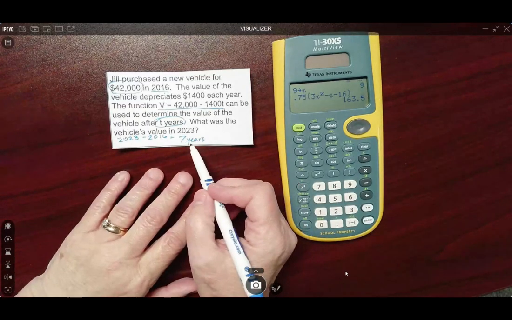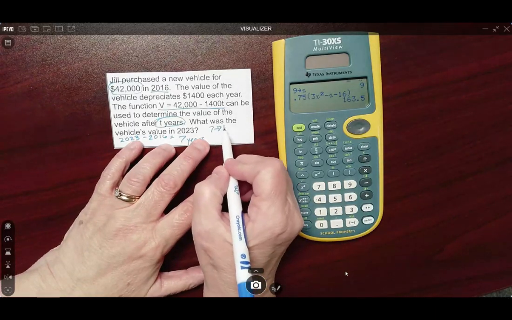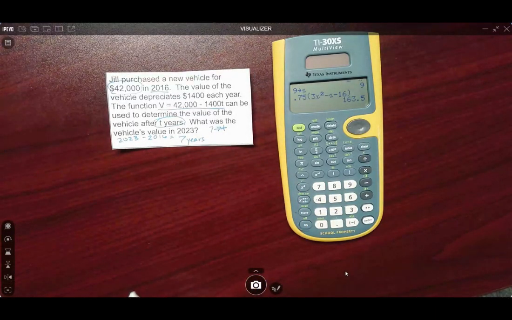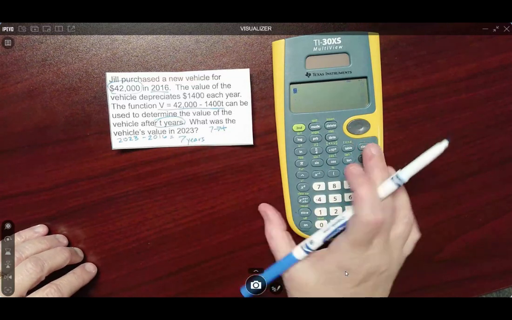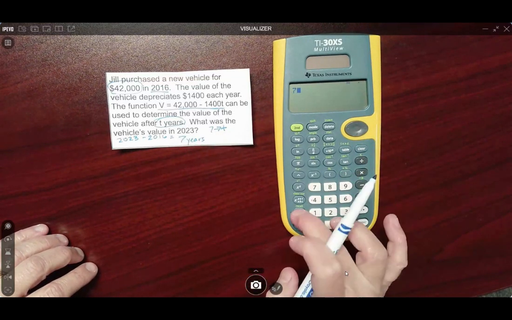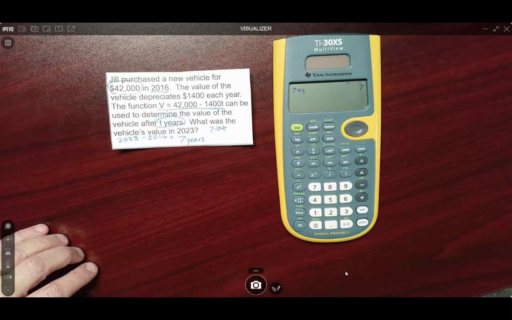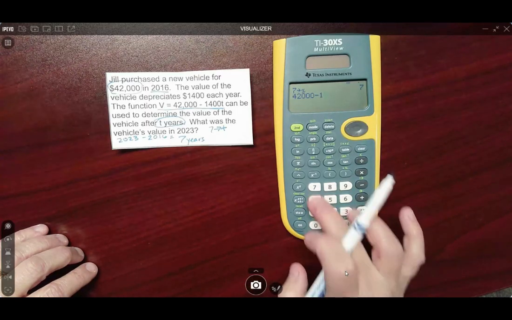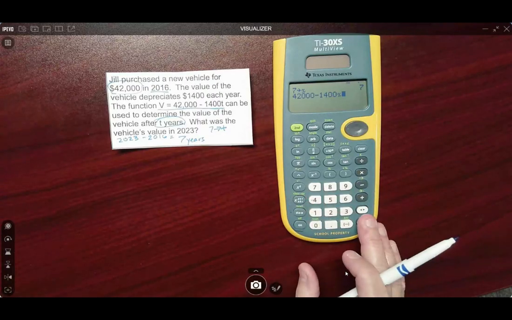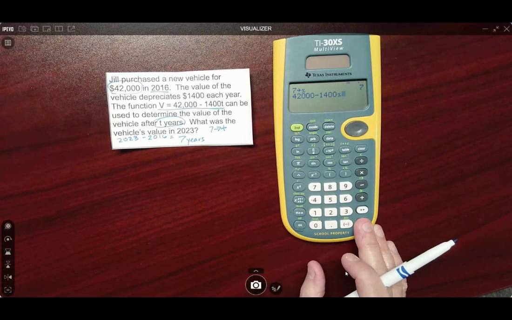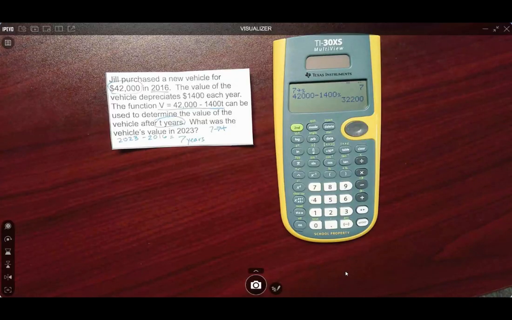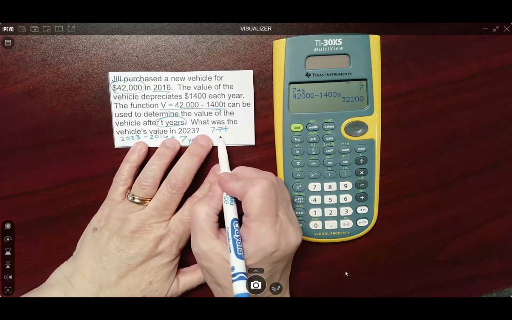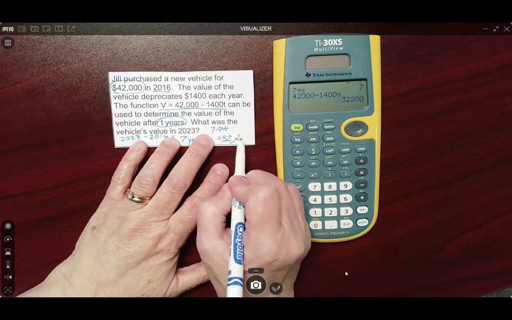So we can store 7 for t or for x, type in our expression, and it's going to give me the value. 7 store x, 42,000 minus 1,400x, subtracting $1,400 each year. And we get the value of 32,200 for the value of the vehicle 7 years later.